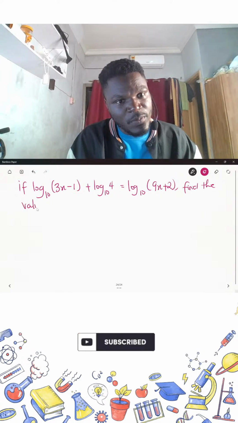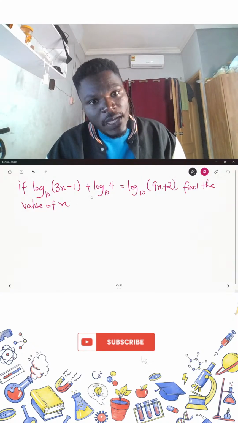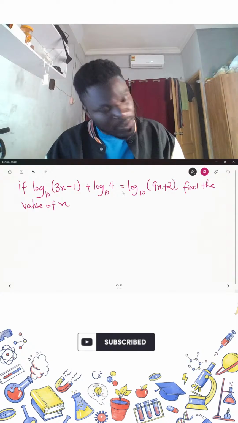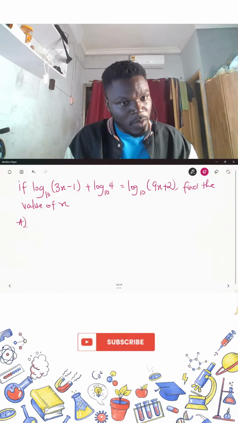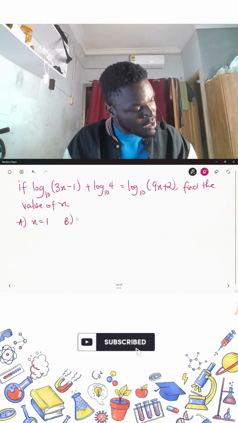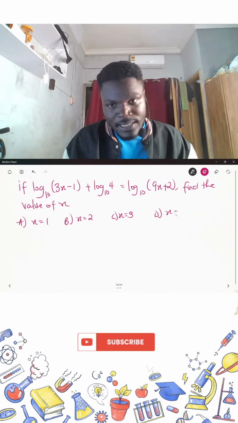Let me see if I got the question right. Log base 10 3x minus 1 plus log base 10 4 is equal to log base 10 9x plus 2. Very good. So our possible options are a, x is equal to 1, b, x is equal to 2, c, x is obviously equal to 3, and then d, x is equal to 4.